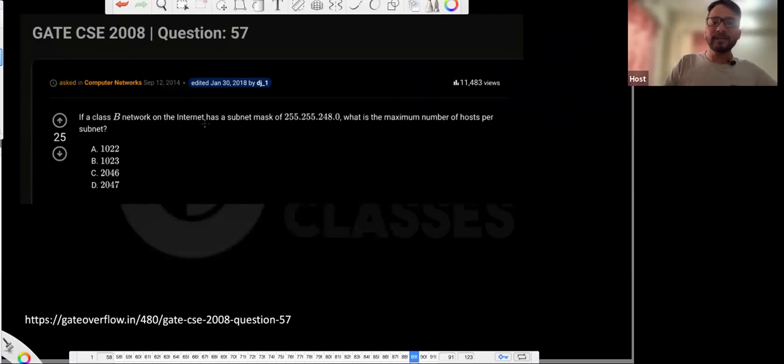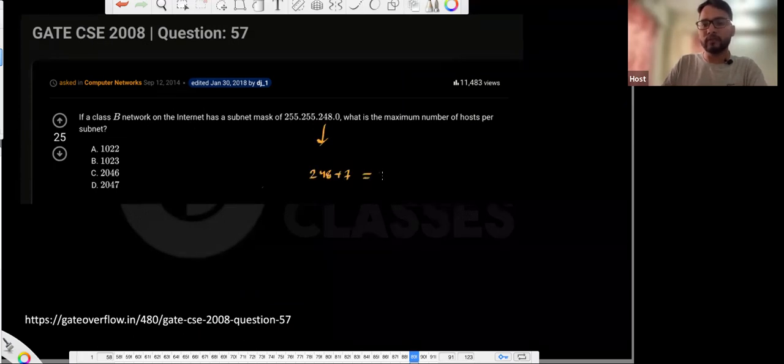Okay, a class B network has a subnet mask of this. What is the maximum number of hosts? I think you can do it. So the maximum number of hosts in a class B, subnet mask is this. 248 means this is basically 7. 248 plus 7 is 255. So 7 is this one, right?